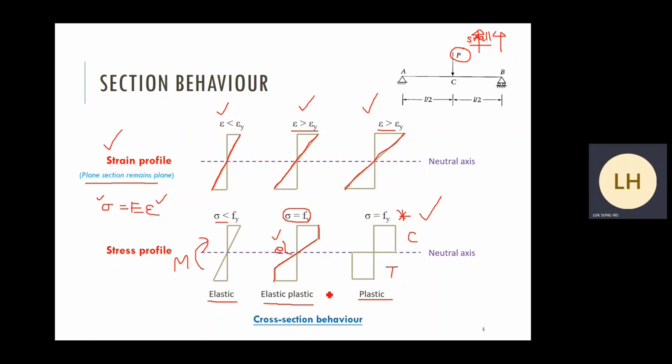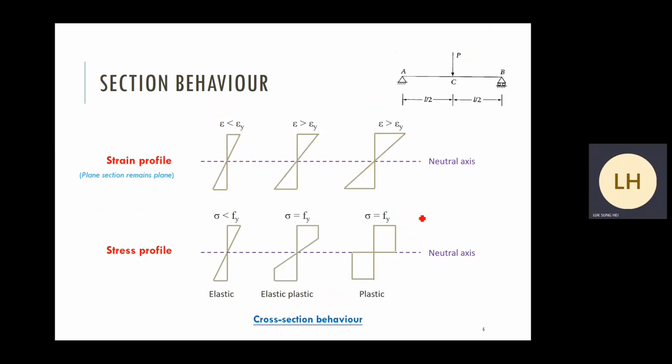Elastic, plastic. One thing: the neutral axis. The neutral axis means the level without any elongation after bending. You can take a look at the strain profile. When this member is under bending, the top side is under compression and the bottom side is under tension. Tension means every fiber at the bottom is under elongation.